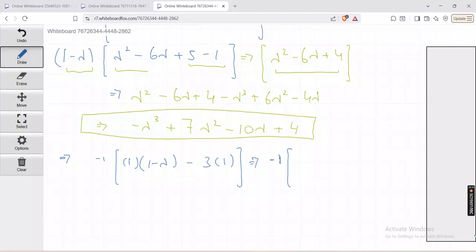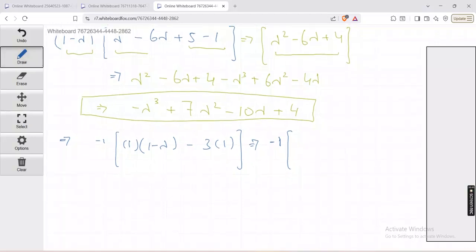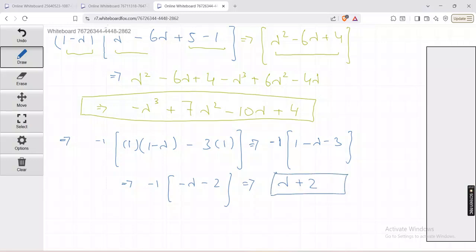Once you solve it, it becomes 1 minus lambda minus 3, so minus 1 into minus lambda minus 2, which is equal to lambda plus 2. This is another one.